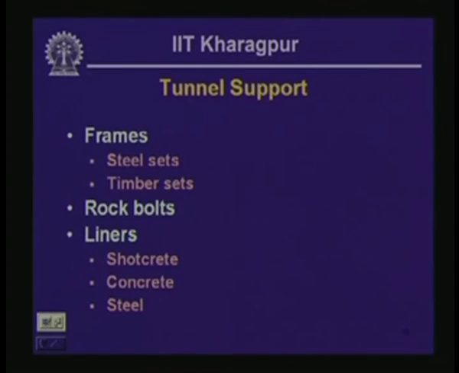They include shotcrete, concrete or steel liners, which are in close contact along the entire surface of the tunnel wall with the surrounding rock, and because of this contact they provide stability to the possible unstable rock mass near the wall and the roof of the tunnel.